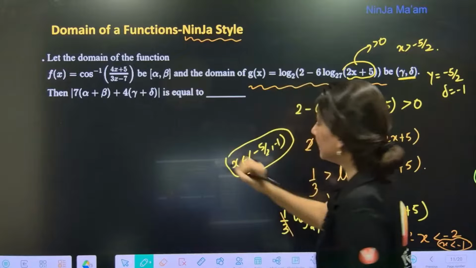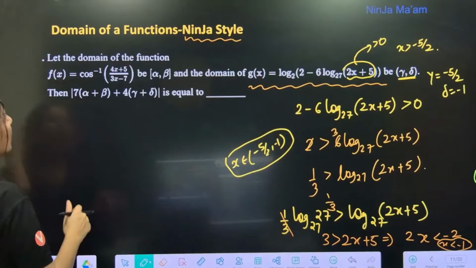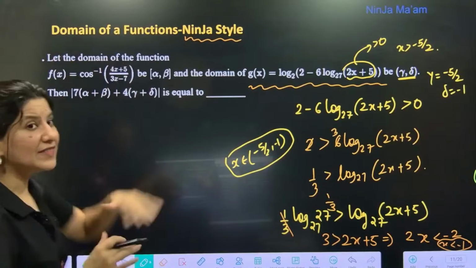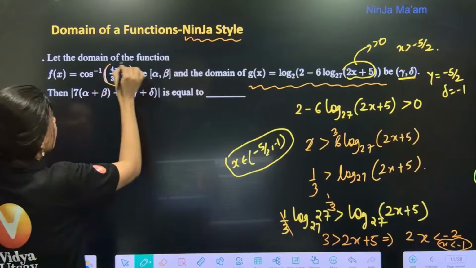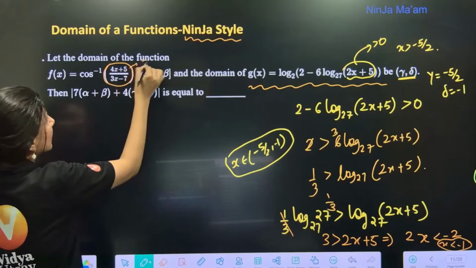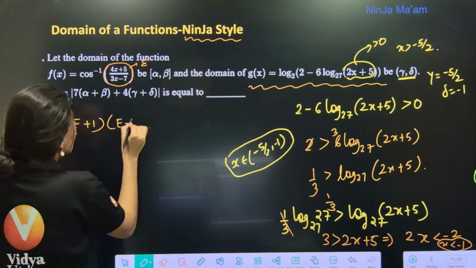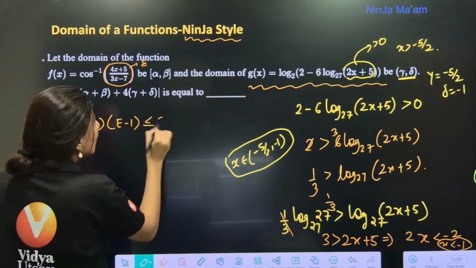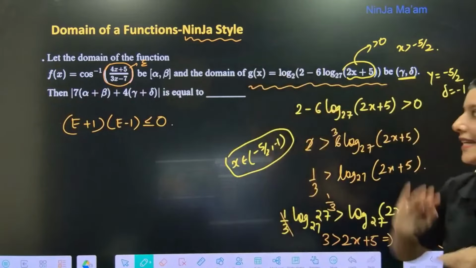Clear everybody? Now let me tell you about the domain of sine inverse and cos inverse type of a function. Whenever it is there, any expression, suppose this is e, it is going to be e plus 1 and e minus 1 less than or equals to 0. This is a direct shortcut, otherwise the question will be absolutely lengthy.